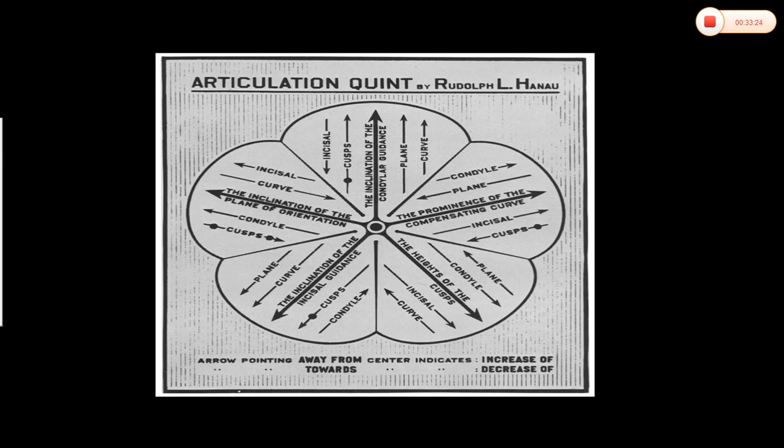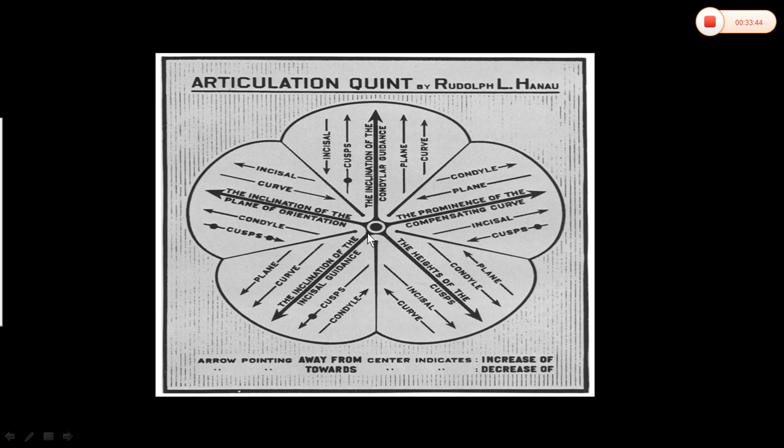So this is Hanau's quint, which is represented by a diagram. This is the center point, and we have the other factors: condylar inclination, incisal guidance inclination, plane of orientation or occlusal plane, compensating curve, and height of the cusp.